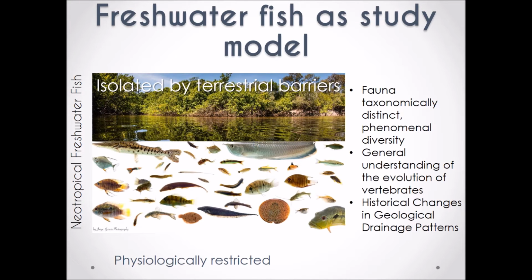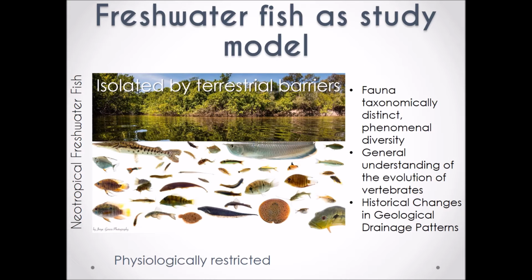So, why do we study freshwater fish as a study model? Let's try to answer. Why do we care about neotropical freshwater fish? First of all, we need to know that fish are physiologically restricted to the water bodies they inhabit, although they are isolated by terrestrial barriers.